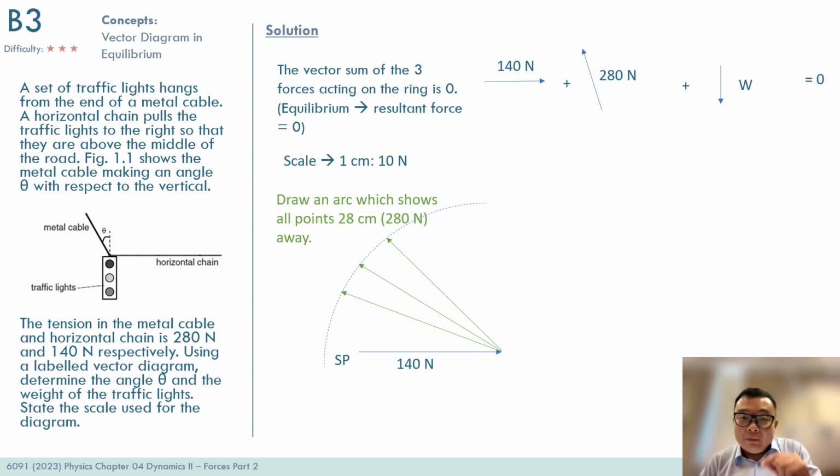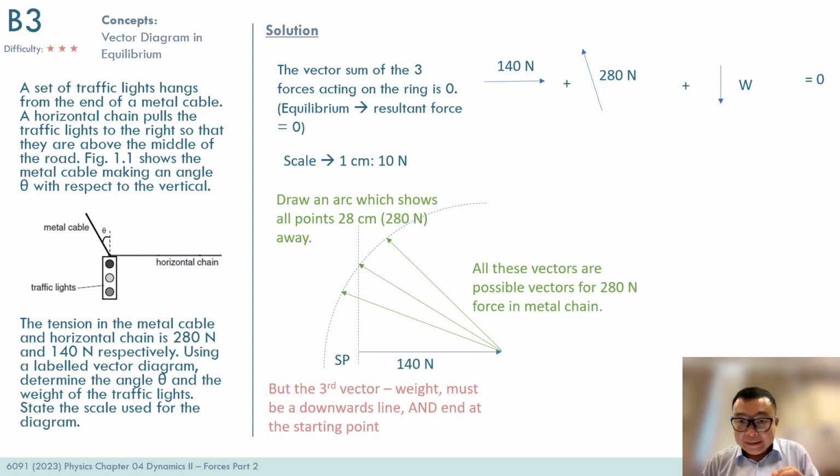But the next step will allow me to find the answer, because I do know that my weight is a vertical line. It must be a vertical downwards vector. So with this, if you look at the red dotted line that I constructed, that is the only way to draw a downwards vertical line that closes off this vector diagram.